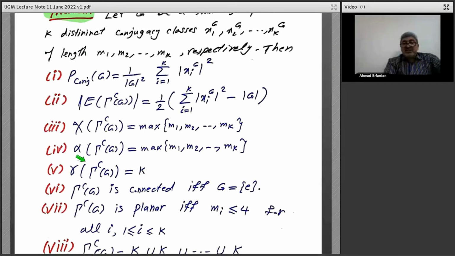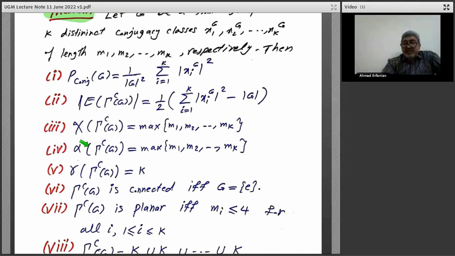This is the sum of the sizes of the conjugacy classes squared, because all elements in a conjugacy class are conjugate. Here is the number of edges of the conjugate graph, right?